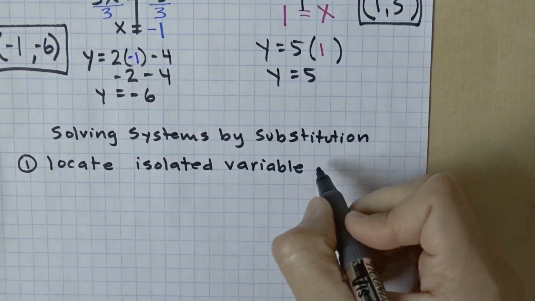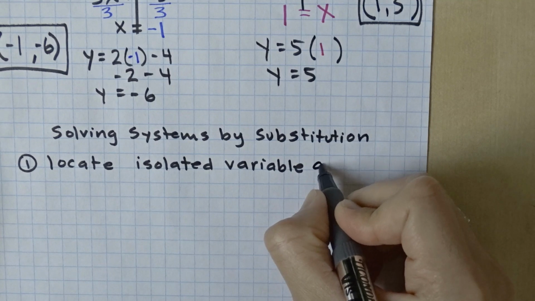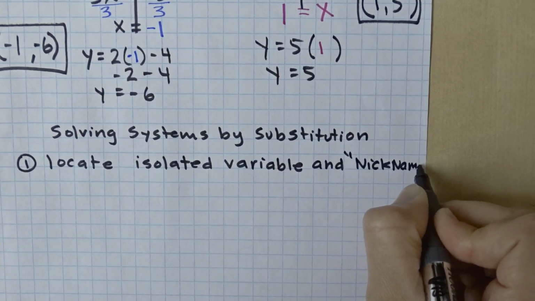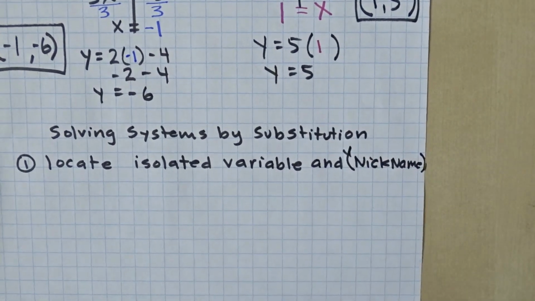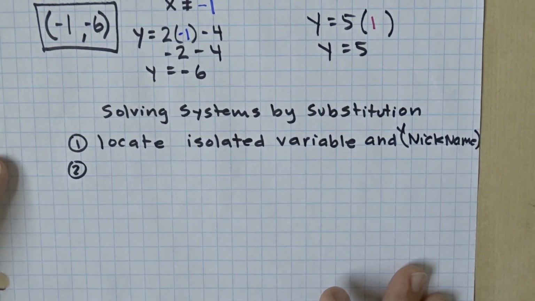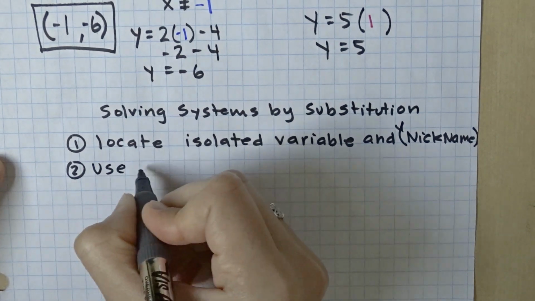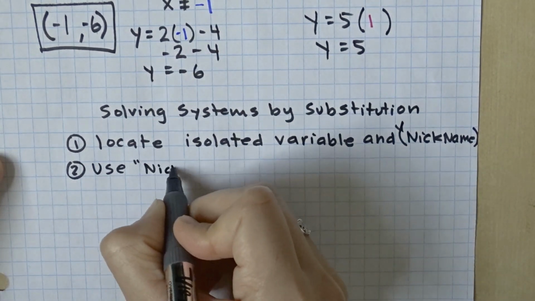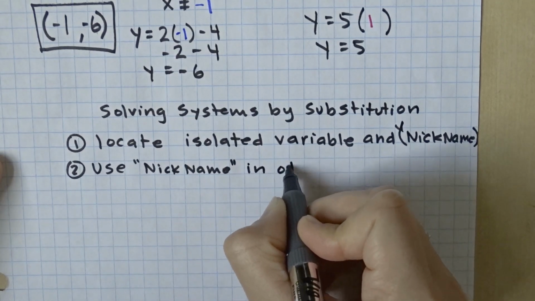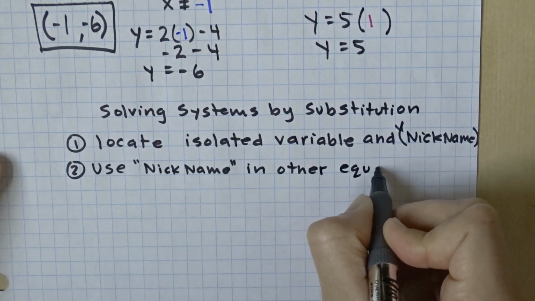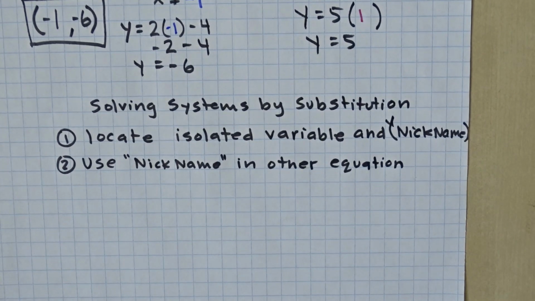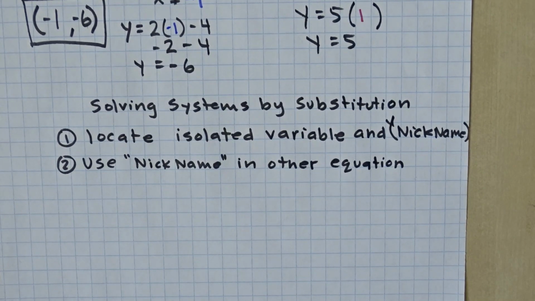So I'll just put on here nickname. And get your nickname. Okay. And then second thing we did was we used the nickname in the other equation. I'll put it in quotations. Okay. So once we found our isolated variable, we identified the nickname, and then we took that nickname and used it in the other equation.